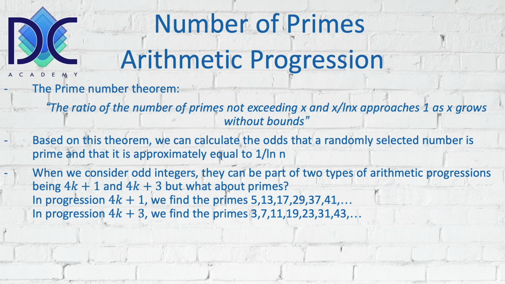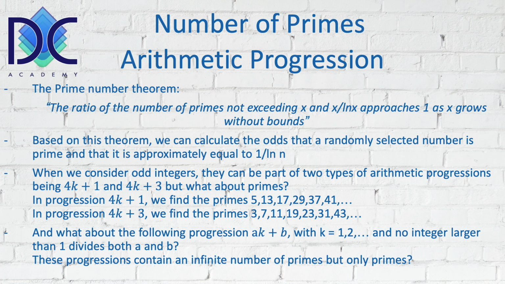Now, this is interesting to know, that we can find prime numbers like this, but what happens when we have a progression a times k plus b, with k equal to 1, 2, and so on, and no integer larger than 1 divides both a and b?